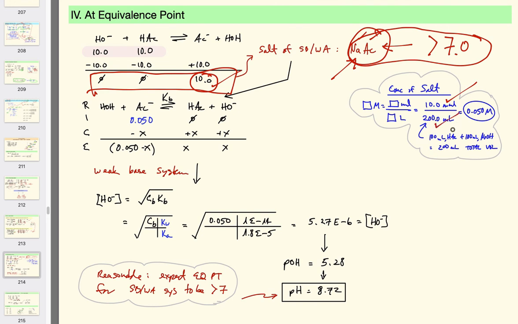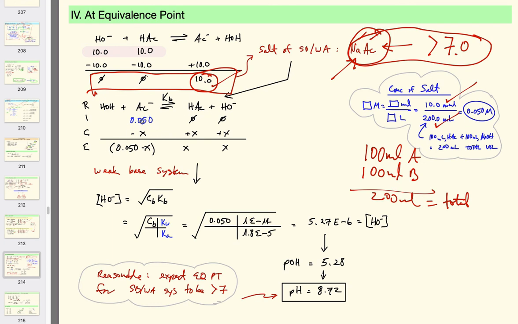It's 200. Why? Because we started out with 100 milliliters of acid and we added 100 milliliters of base to get to the equivalence point. So our total volume is equal to 200. Fair enough. And so when you do 10 divided by 200, we're going to get our 0.05.